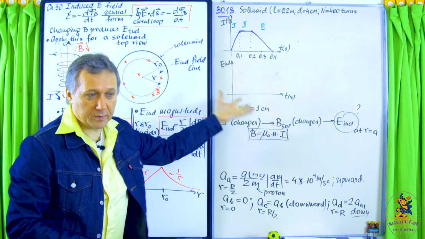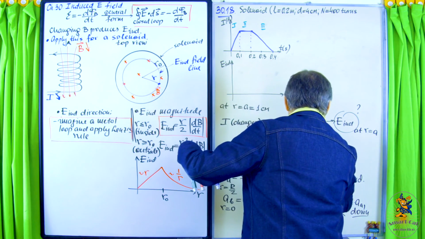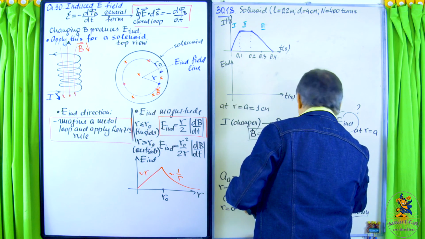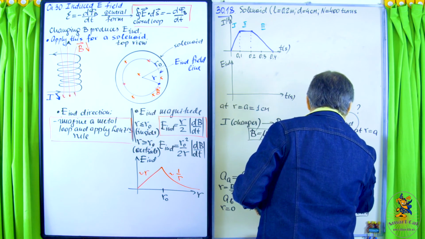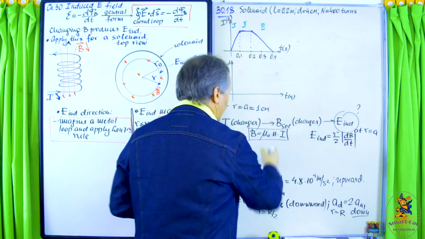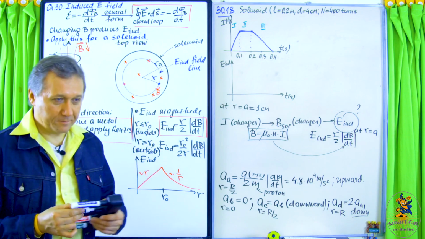R equals 1 centimeter, it's inside of the solenoid. So now this step must be completed using this formula: E induced equals R over 2 times dB over dt, right?